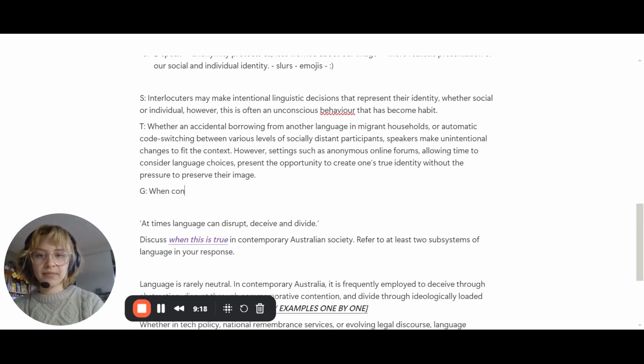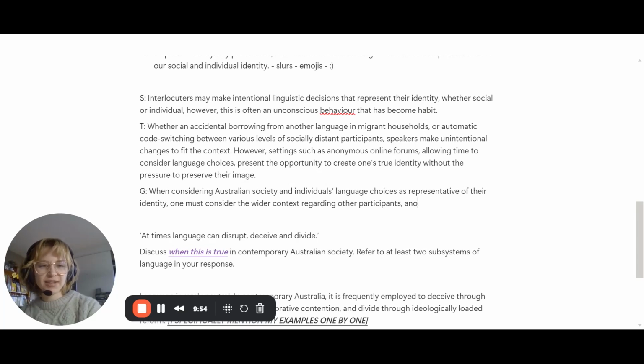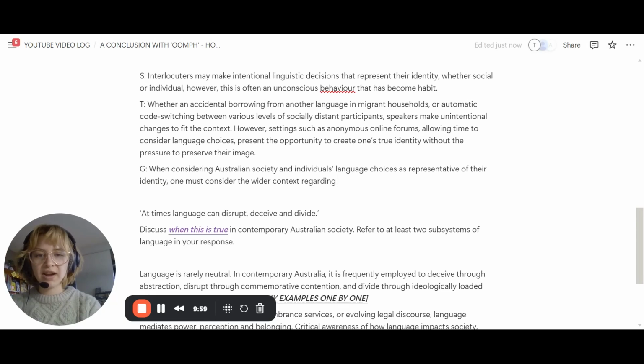So when considering Australian society and individuals' language choices as representative of their identity, one must consider the wider context regarding other participants, anonymity. Actually, that's a bit too specific. So, must consider the wider context.